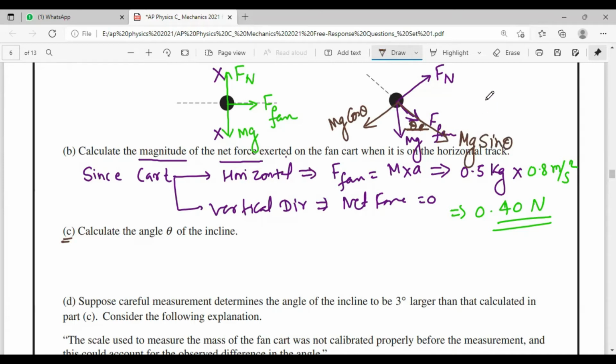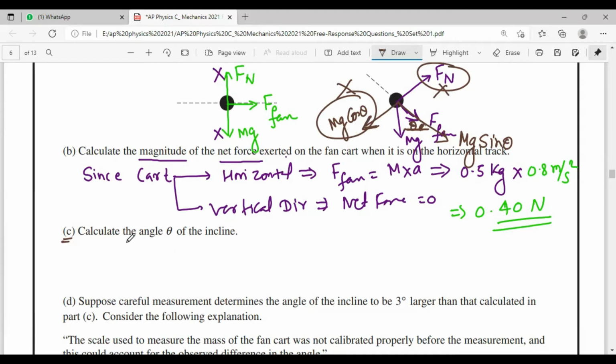We know this very well. Mg sin theta will be along the inclined plane, and mg cos theta will be perpendicular to the inclined plane. So again, this mg cos theta and this Fn will cancel each other, right? Because our cart is moving along the inclined plane, not perpendicular to it.